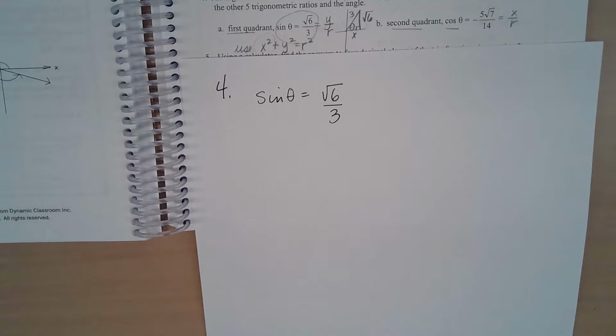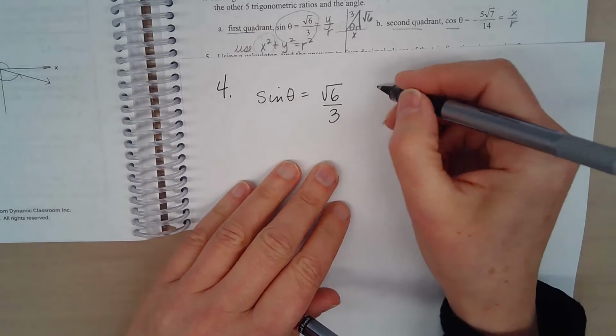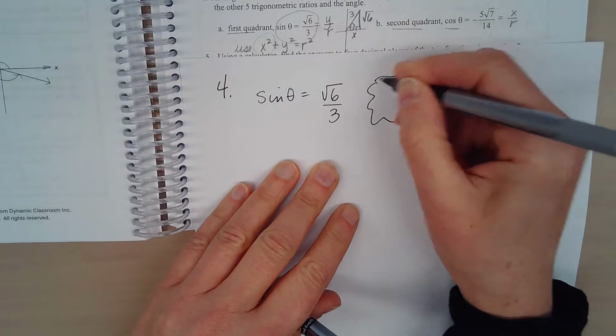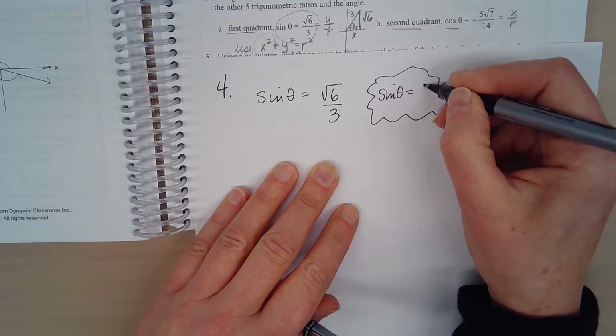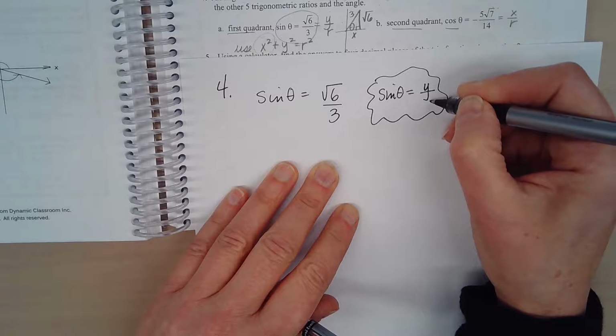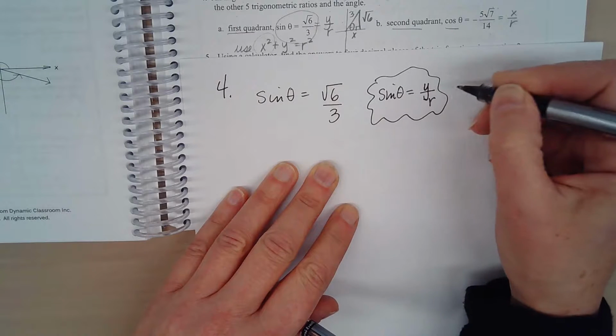Agreed? Okay, so what information is that giving us? That's giving us a lot of info, right? Yeah, hopefully you're thinking this, that sine of any angle is equal to y over r, right?